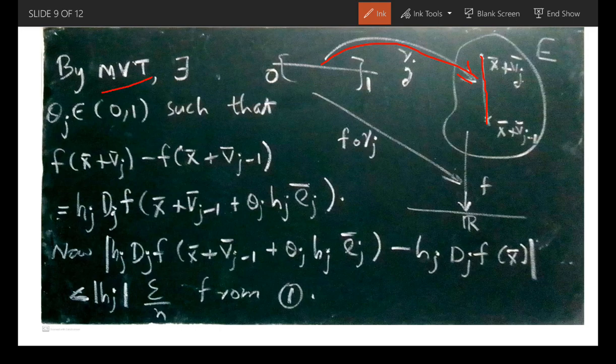Now use mean value theorem. Mean value theorem is applicable when we have real functions. So remember, we are considering the case m equal to 1. That means f is a mapping of E into R. So f is a real function, f from E to R.